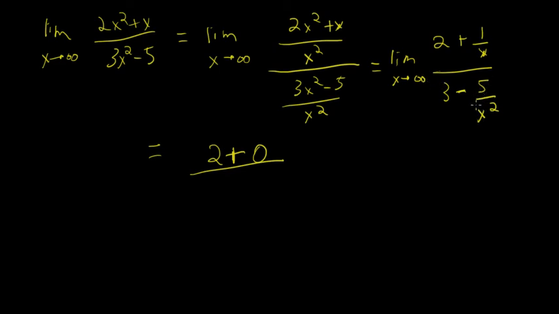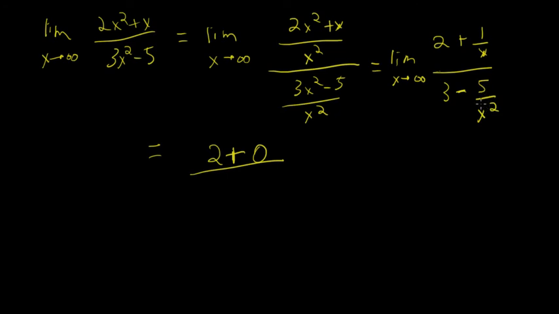Okay, as x gets bigger and bigger, x squared gets even bigger. So say x were 10,000, x squared would be 10,000 squared. But when you take 5 and divide by 10,000 squared, you'll get a really small number. But say x is 10 million. When you take 5 and divide by 10 million squared, that would be dividing it into 10 million times 10 million chunks.